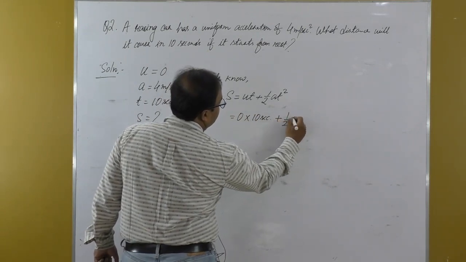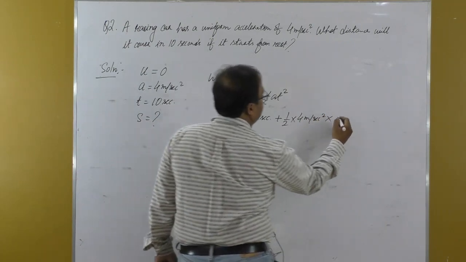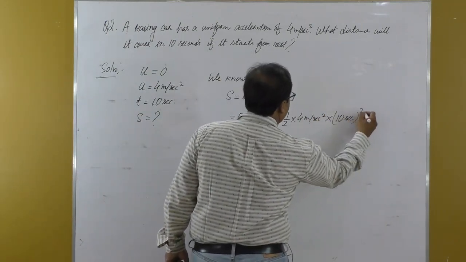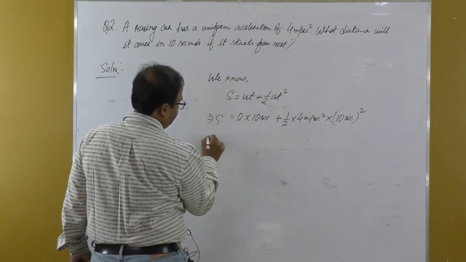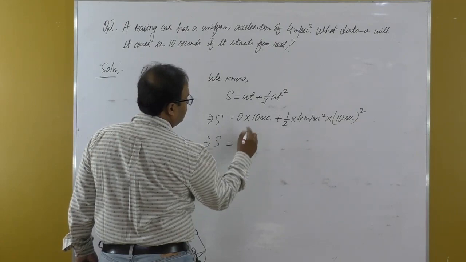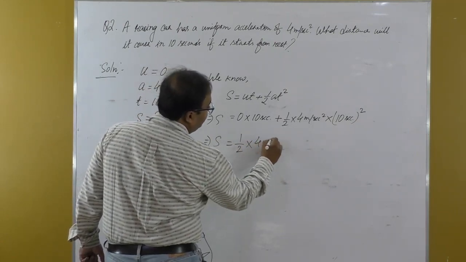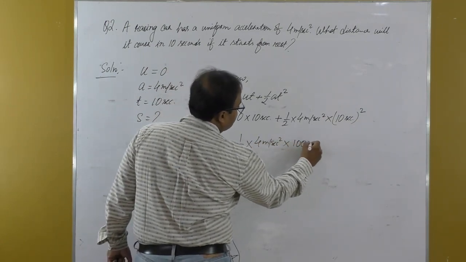Then acceleration is 4 meter per second square, and time is 10 seconds, so it is 10 second whole square. So if you solve it, 0 into 10 will be 0, so we can write half into 4 meter per second square into 100 second square.